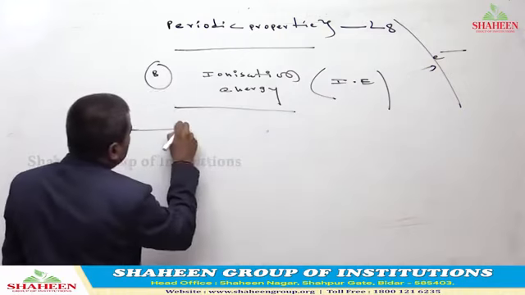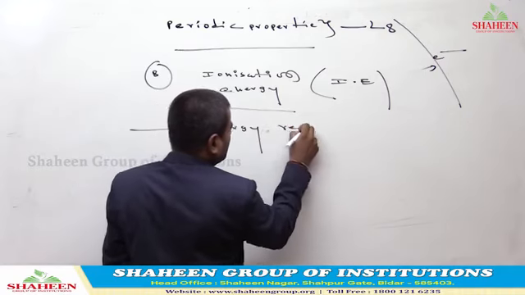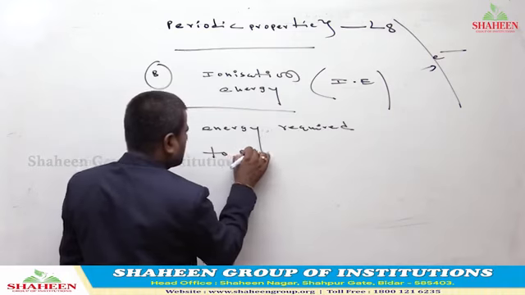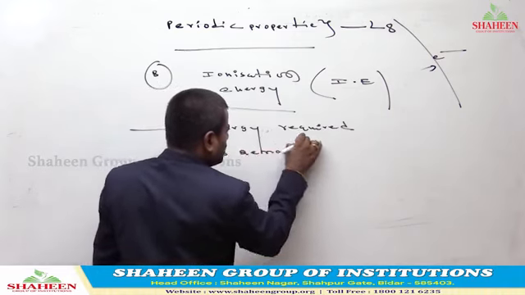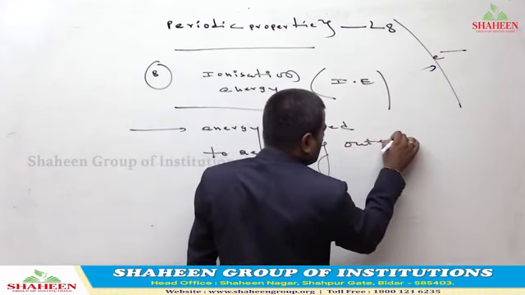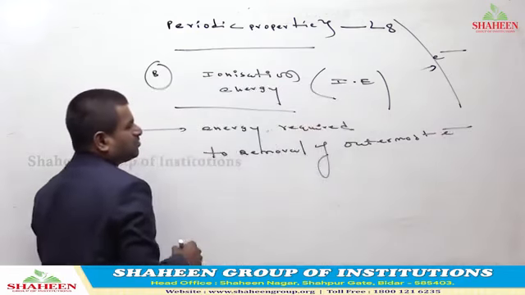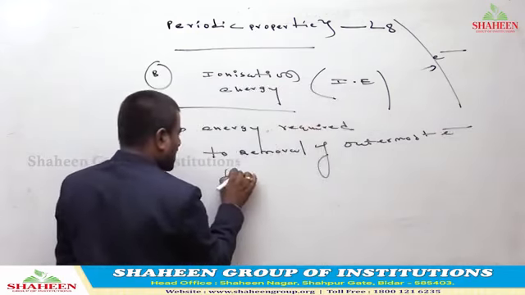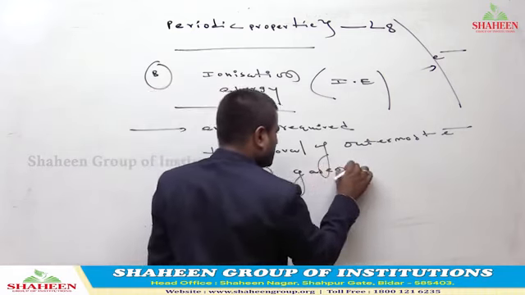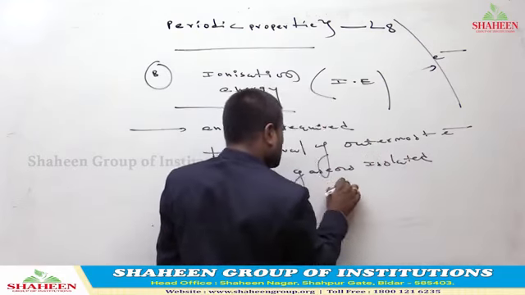Ionization energy is the energy required for the removal of the outermost electron from a gaseous isolated neutral atom.